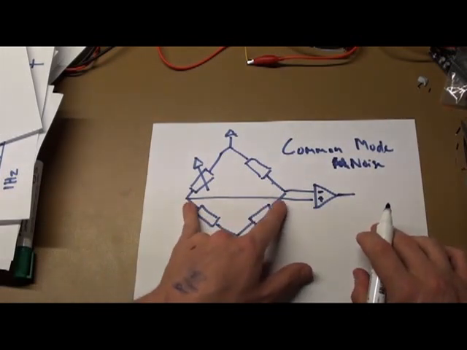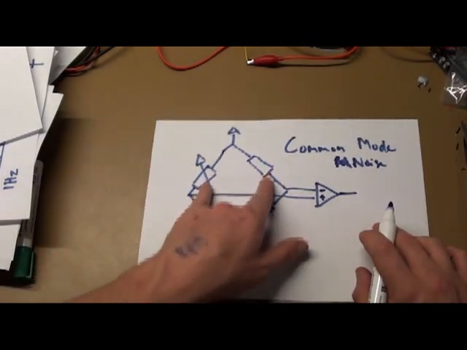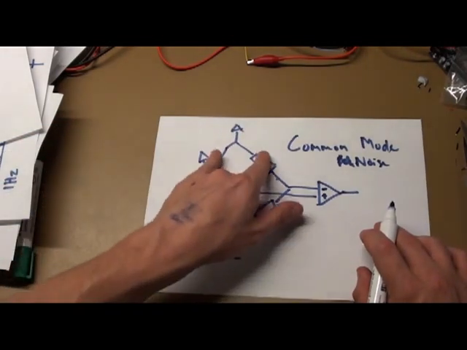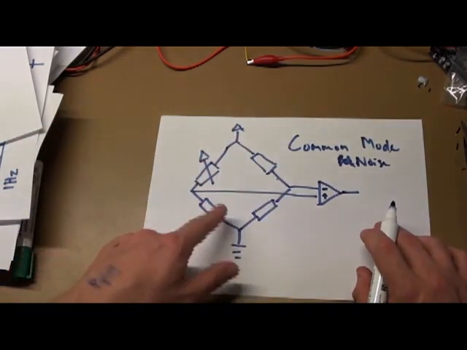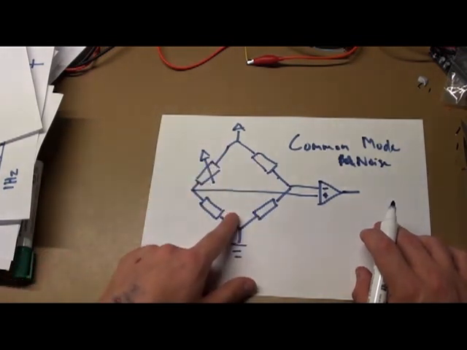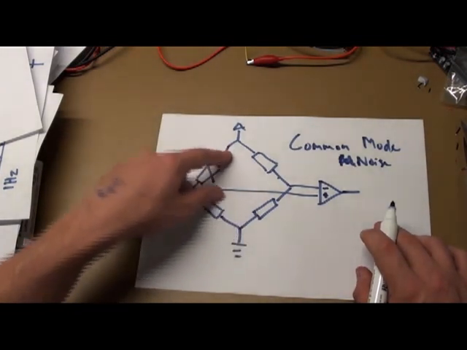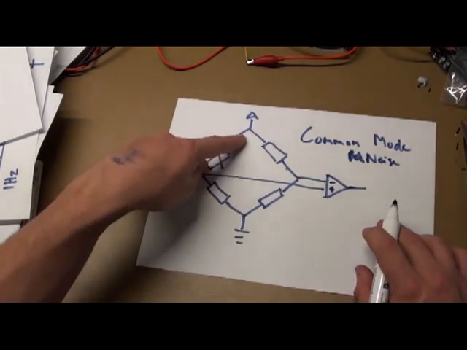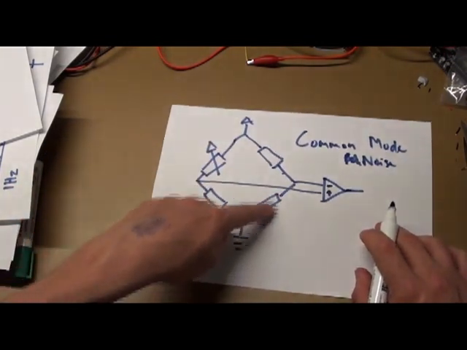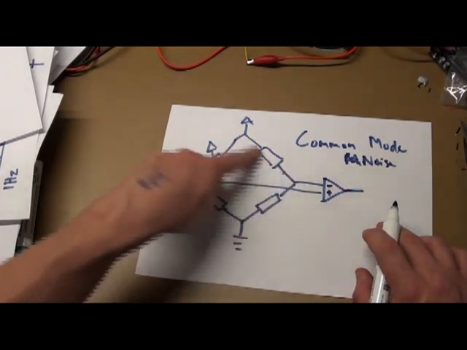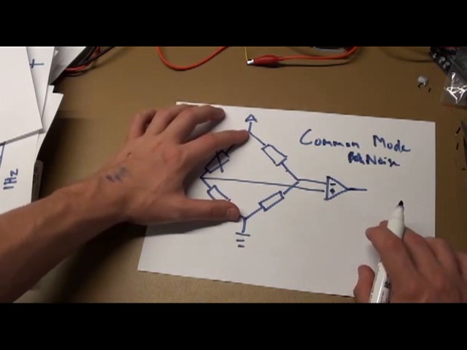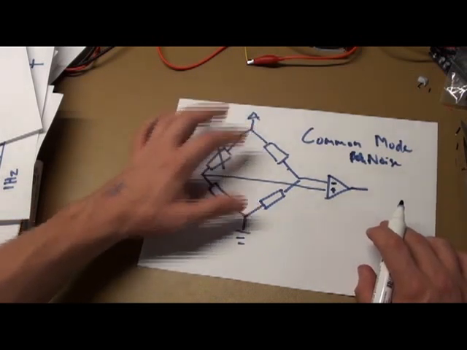So the idea is that because in real life, geometrically and physically, these two resistor dividers are very close to each other, any noise that exists in this conductor is probably going to be the same as the noise in here.